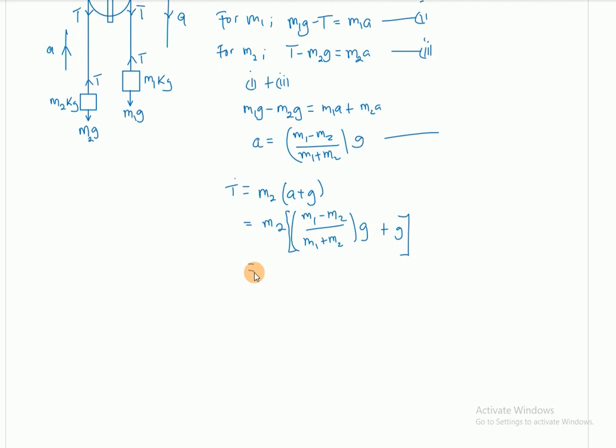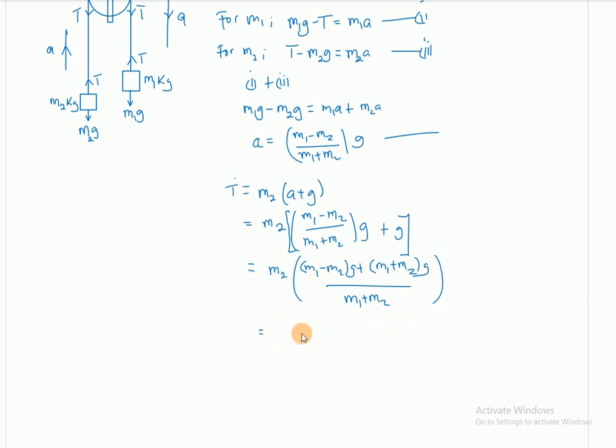We can take the LCM, and we have m2 times [(m1 minus m2)g plus (m1 plus m2)g] divided by (m1 plus m2).